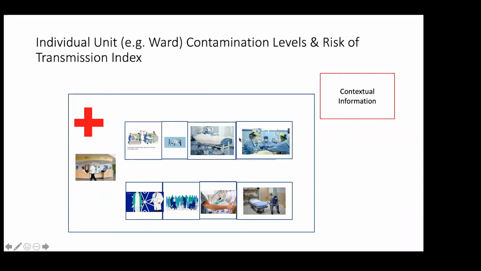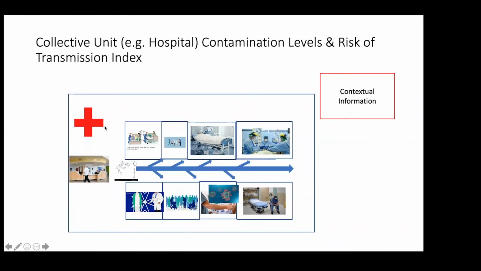Based on the measurements in those wards and other contextual information, I could actually produce a number that would be, let's say, the risk of transmission based on humidity, based on particulate levels, based on the microbial load and whatever, okay? And that's fine, okay, individually. But in truth, the risk profile is also substantially impacted by its proximity to another source of contamination. So if I have St.